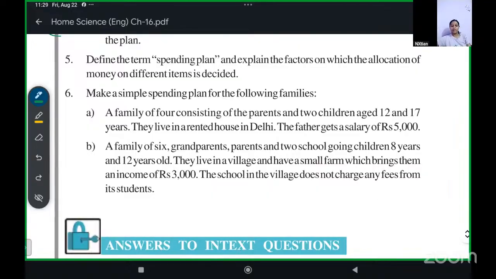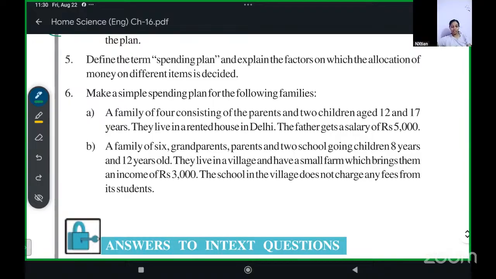Define the term spending plan and explain the factors on which the allocation of money on different items is decided. What is a spending plan? It's when you allocate an amount for each item.